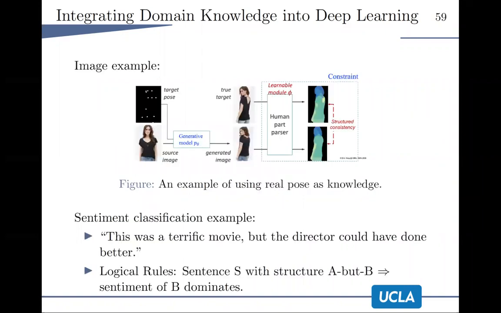And here are some useful motivating examples on why we need to integrate the domain knowledge. For example, in an image example, if we don't have some true target of the human gesture, then it could be generating some very scary image where we find the whole body somewhat twisted, and that doesn't look like a real human being.